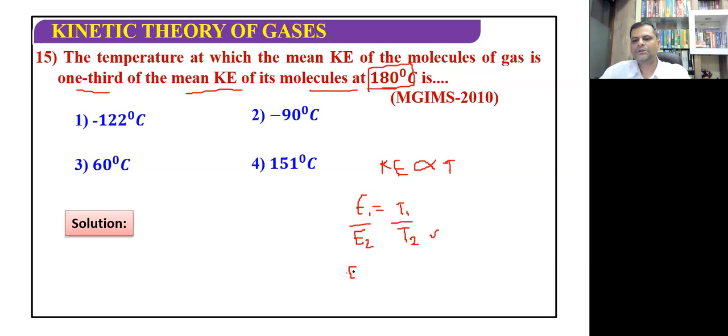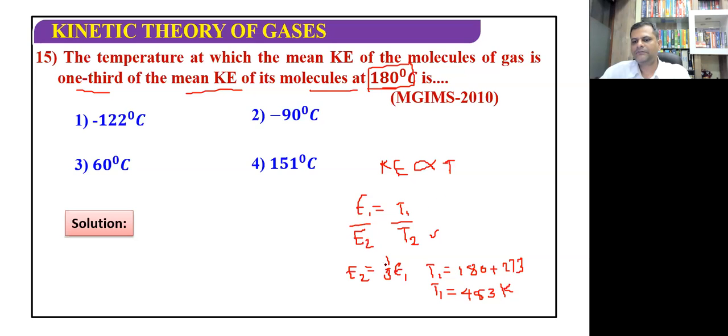That means E2 is given to be 1/3 of E1, and T1 is 180 degree Celsius, which can be converted into Kelvin by adding 273. So 180 plus 273 gives T1 as 453, correct. So this is 453 Kelvin.